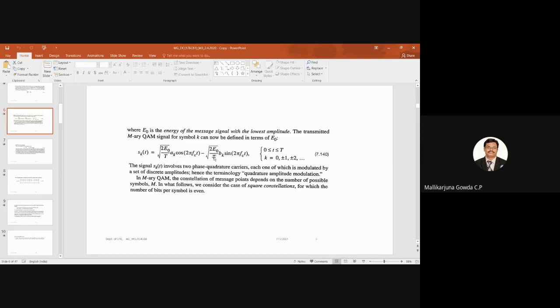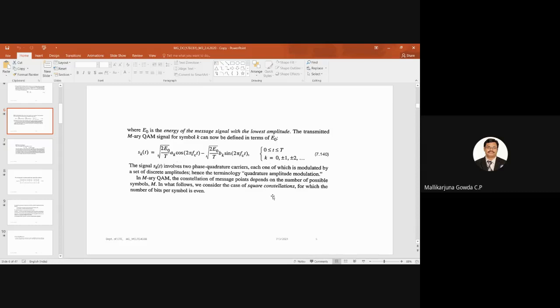So this a_k and b_k are the amplitudes of the in-phase and quadrature-phase components, where the value of k can vary from 0, plus or minus 2 and so on up to the M value.